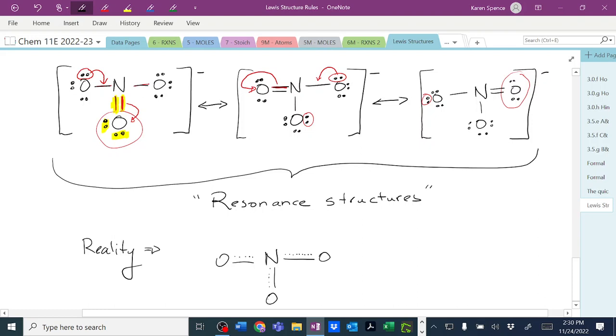And rather than being a single bond or a double bond, this is a 1 1/3 bond.